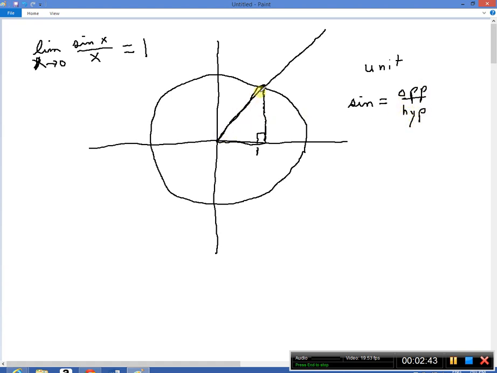But if you look at this triangle and make this your angle, then the sine would be the opposite, that's this, over the hypotenuse, which would be that. And notice that the hypotenuse is the radius of the circle, so that's really 1.